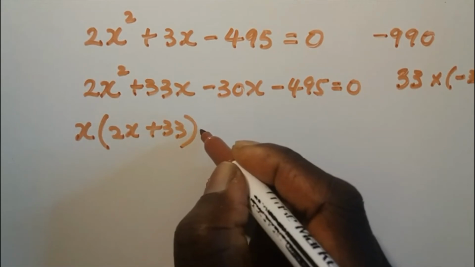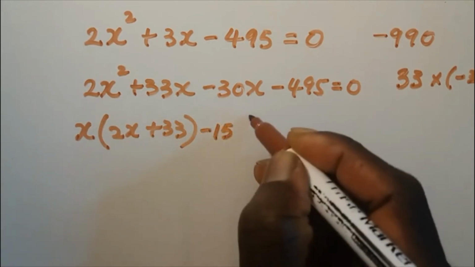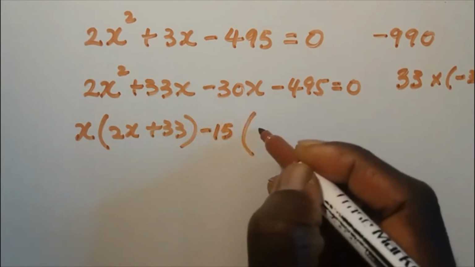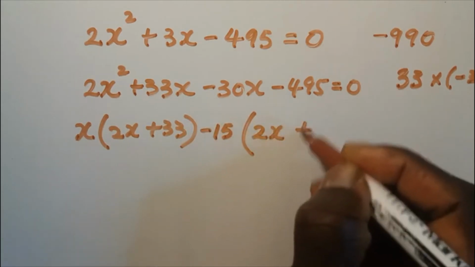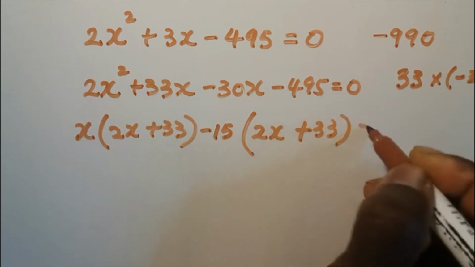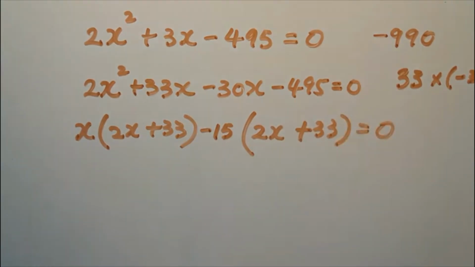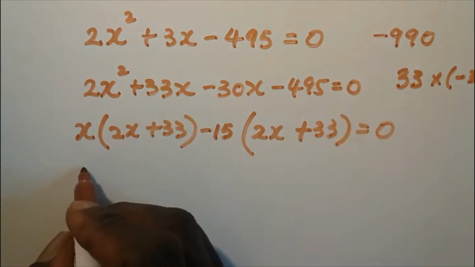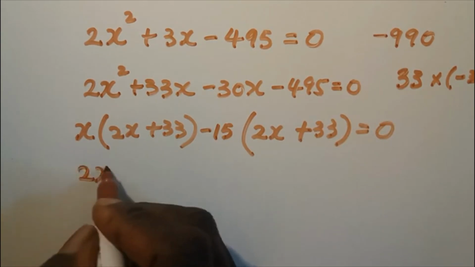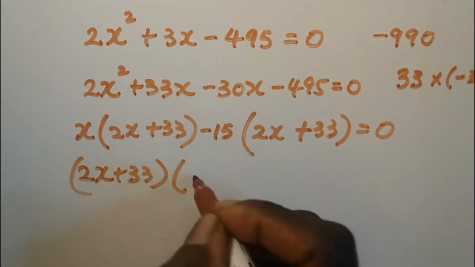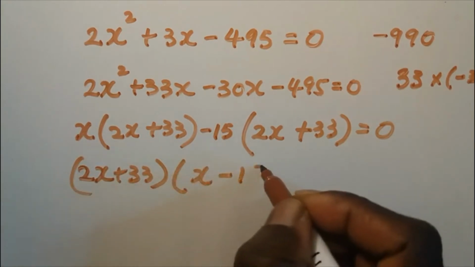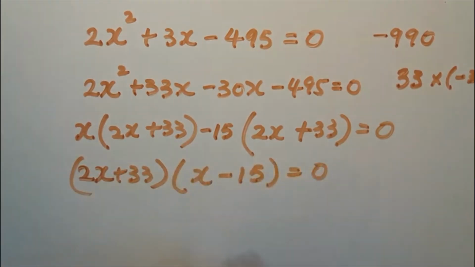And we have negative 15 is common to 2x add 33 is equals 0. And we factorize again. We have 2x add 33 brackets x minus 15 is equals 0.